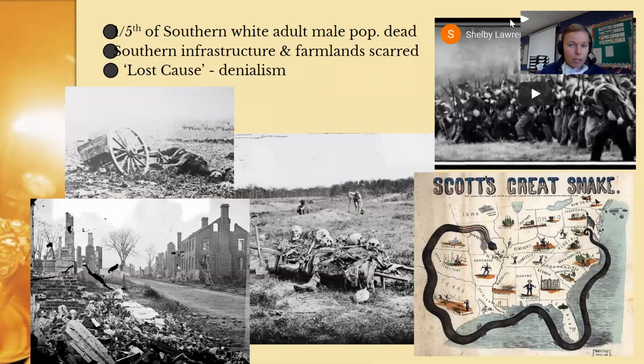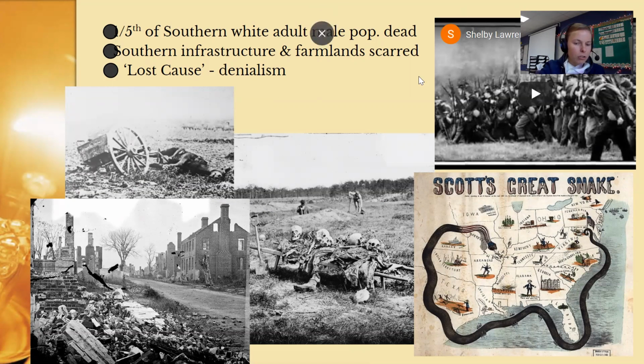Now for the South, especially, remember, their population was much, much less than the North. The South had approximately 9 million white people versus the North's 22 million. And so for the South, the devastation was complete. Pretty much every major Southern city, from Richmond to Montgomery, was completely leveled and destroyed.